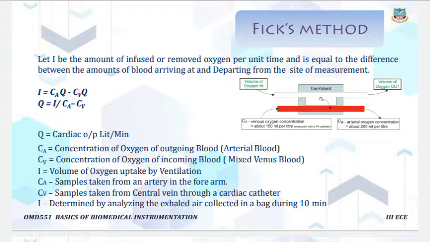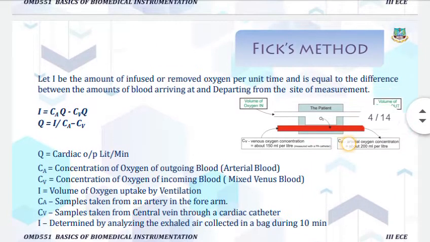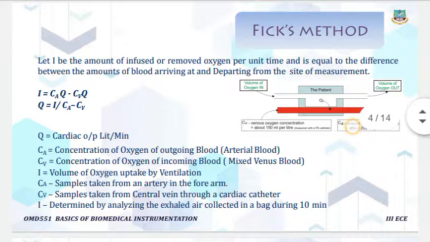Ca samples are taken from the artery in the forearm, and Cv samples are taken from the central vein through a cardiac catheter. The figure shows where we take Ca and Cv.